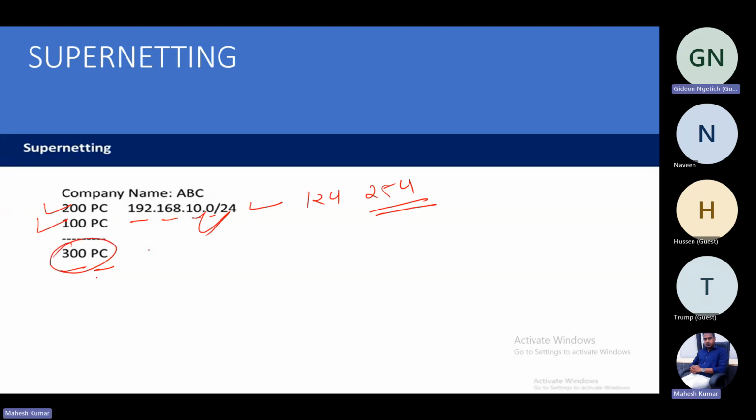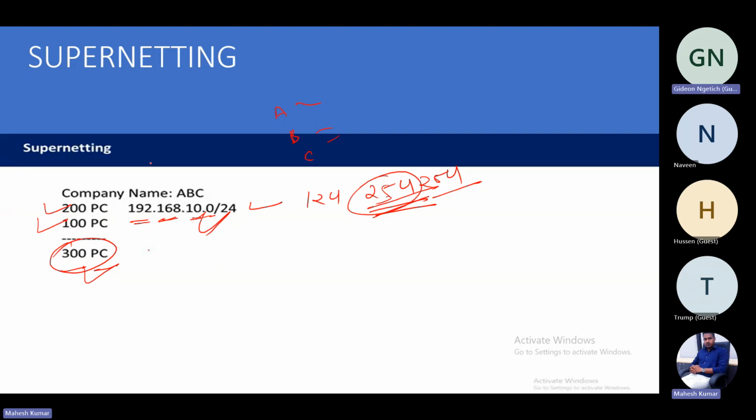So what option do we have to allow these 100 additional PCs with the same IP series, without changing anything? Different classes A, B, C cannot communicate with each other, and in class C with slash 24 we have only 254 valid IPs, so only 254 machines can connect, but we have 300.